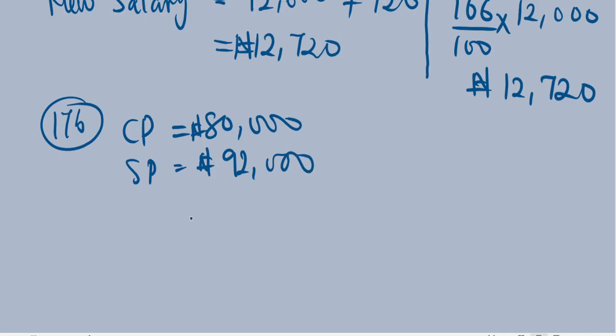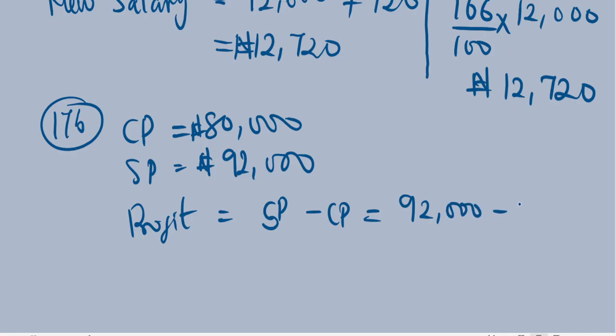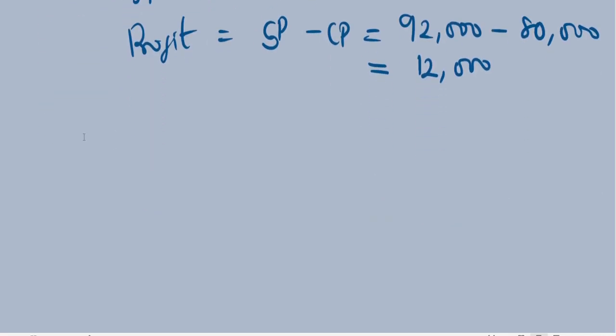The profit on the house is selling price minus cost price, which is 92,000 minus 80,000. So the profit is 12,000.